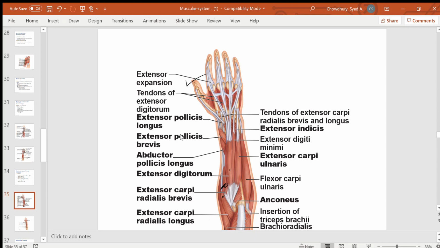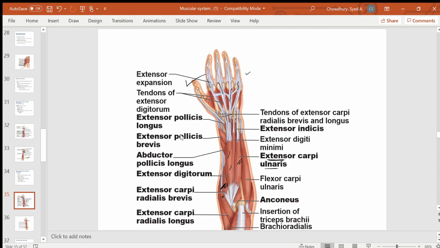Extensor digitorum. You see very clearly the tendons from this muscle are going to the back of the fingers, so it will cause the extension of the fingers or digits. Extensor carpi ulnaris is on the pinky side, ulnar side, in the back of the forearm. That's why extensor ulnaris.